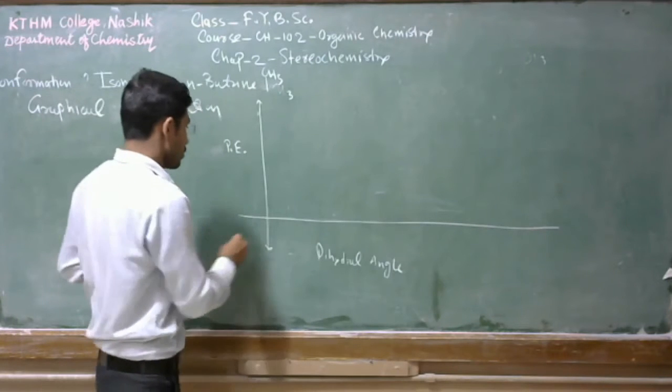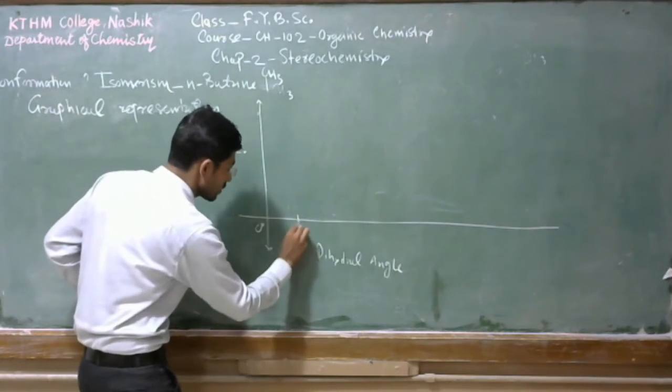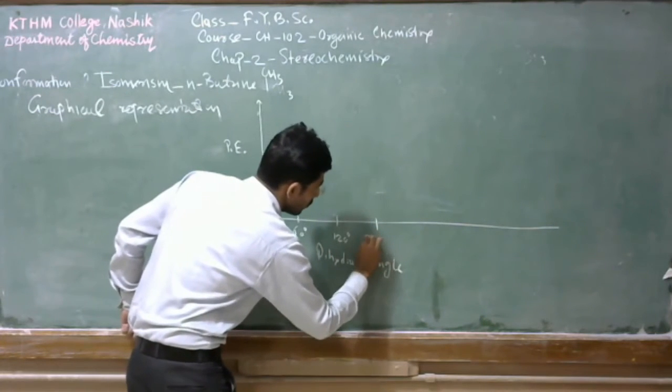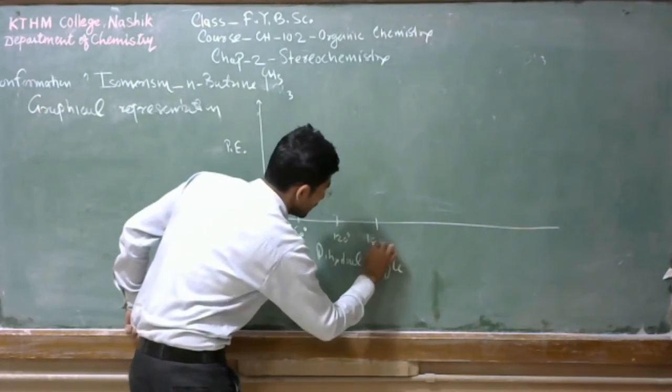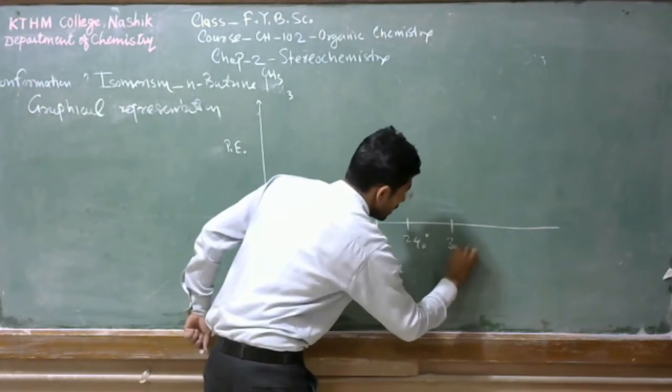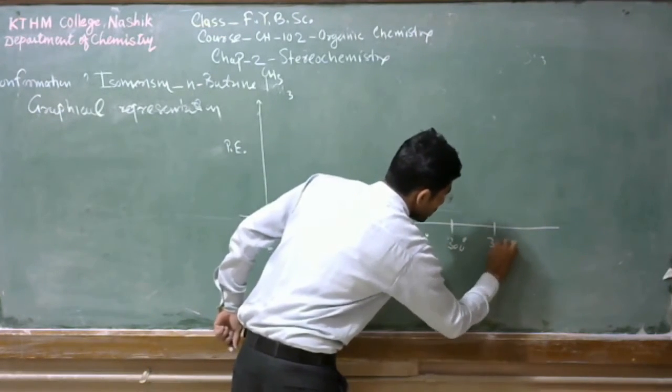Okay, so the dihedral angle is 0 firstly, then 60, then 120, then 180, 240, then 300 and 360.